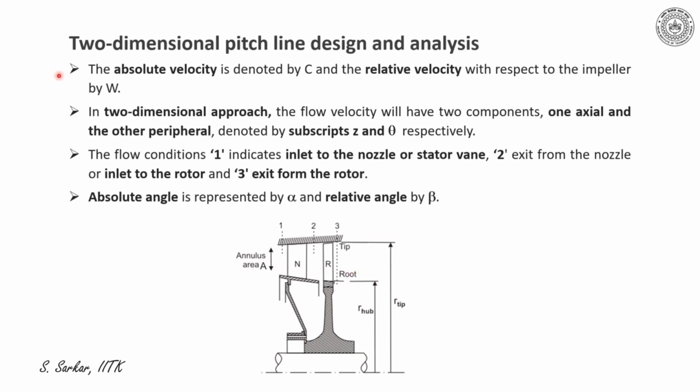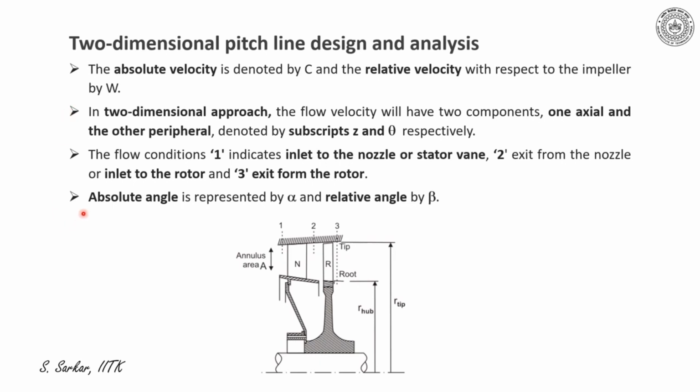Furthermore, as I've stated earlier, the absolute velocity is denoted here by C, and the relative velocity would be W. In two-dimensional approach, the flow velocity will have two components. One is axial component and other is peripheral component, denoted by the subscripts z and theta respectively.